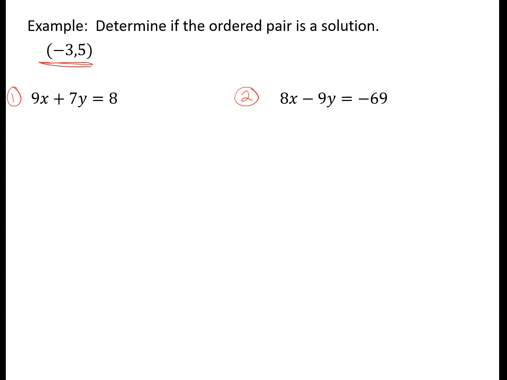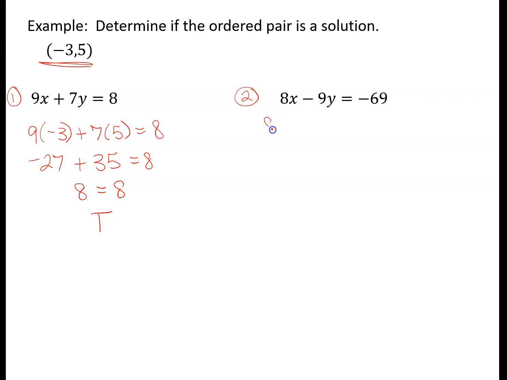Okay. So for the first equation, if we plug in negative 3 for x and 5 for y, and we work that out, we're going to get a negative 27 plus 35, which does equal 8. 8 equals 8 is true. So we're good so far, but we can't say yes until we've checked the second equation.